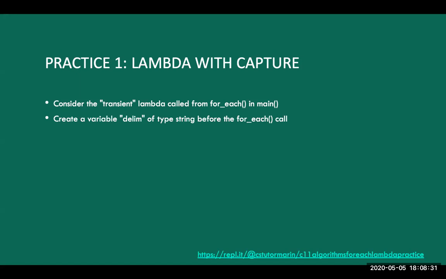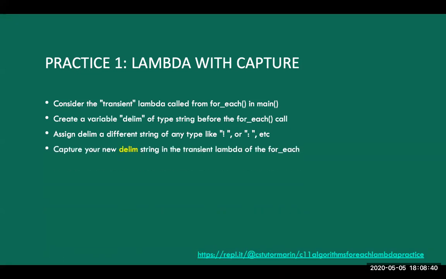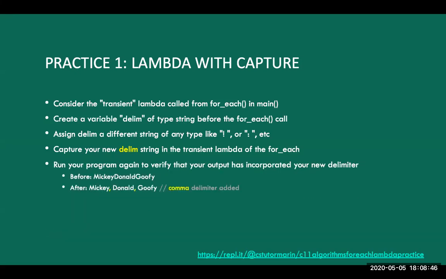So your job is to finish this program, of course, and just introduce any kind of delimiter you want, so that your worker function, your lambda, will print that delimiter. So rather than having Mickey, Donald, Goofy, you have Mickey, comma, Donald, comma, etc. Whatever, depending on the delimiter that you pass in. Okay, so give that a try.